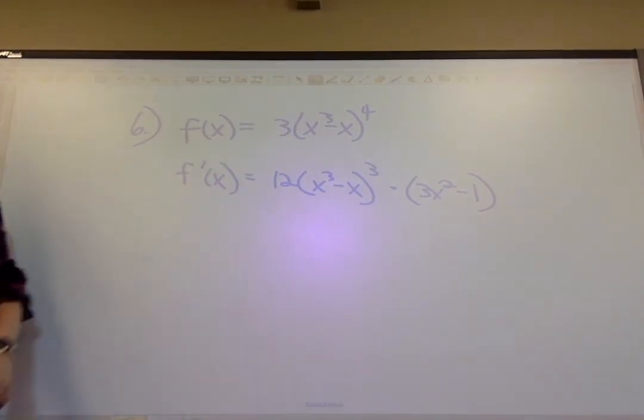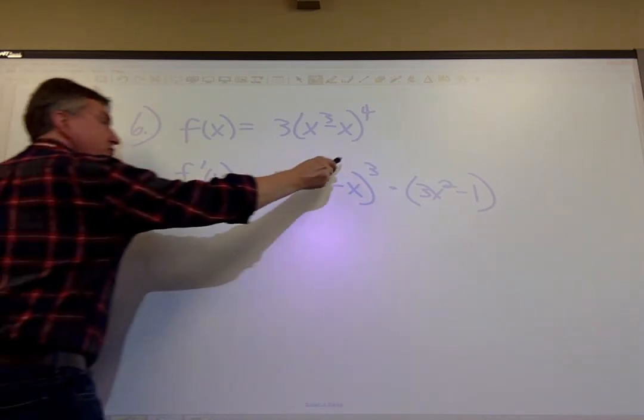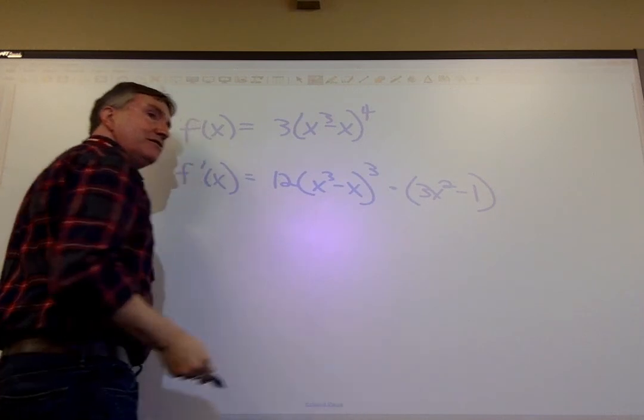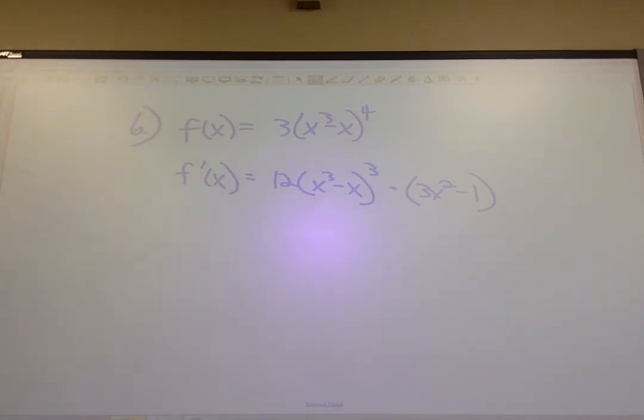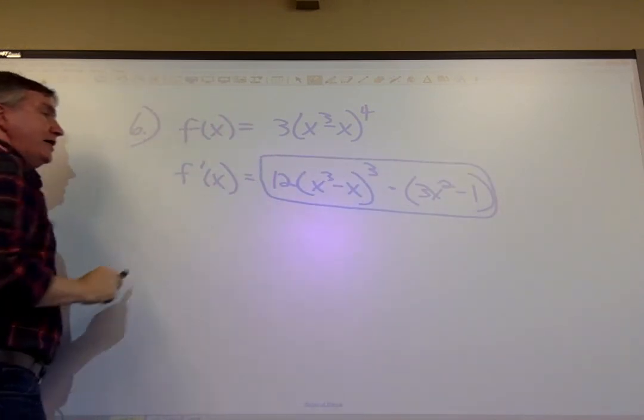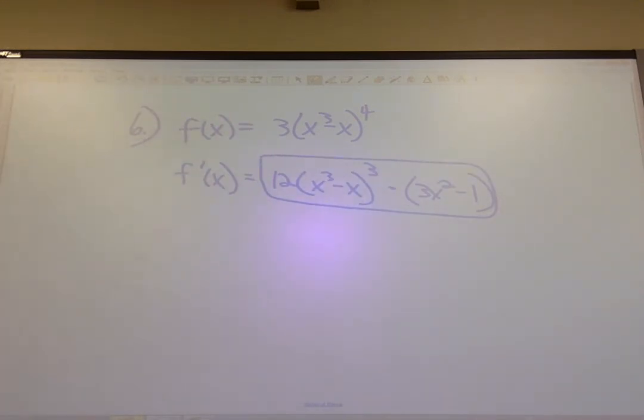But I'm not going to make you write it as a u. I'm going to just say, leave it alone. So this is derivative of the outer function times the derivative of that inner function. And I wouldn't want to expand that out. Hopefully your book will leave it like that. I'm hoping. And if they don't, I would accept this. This is what I would want for your answer. That's an easy one, isn't that?